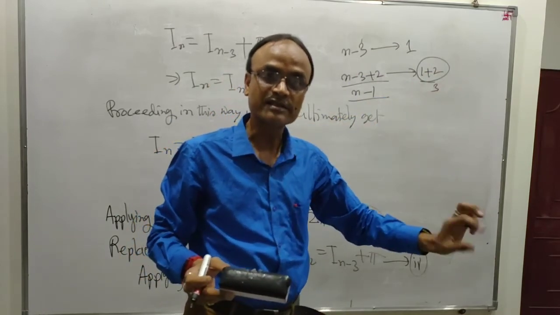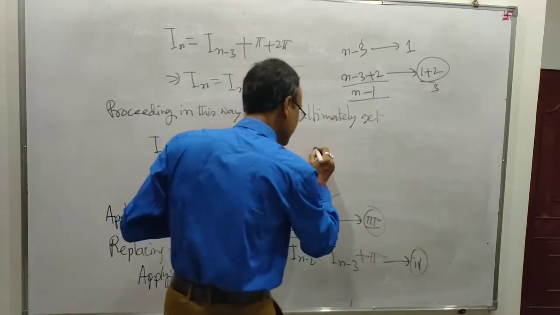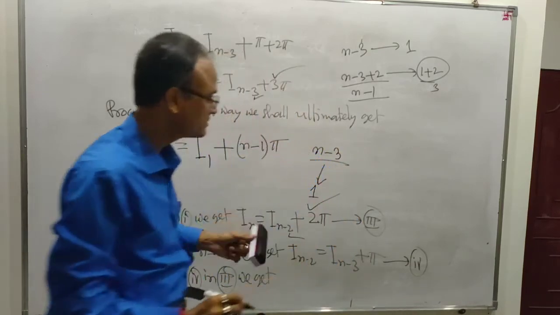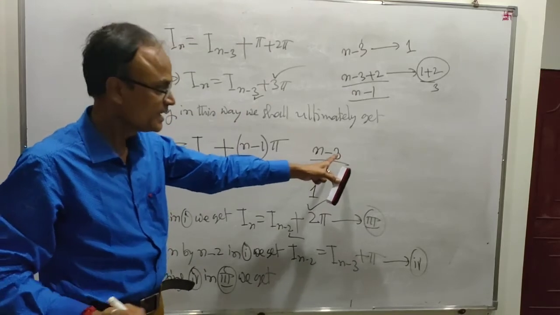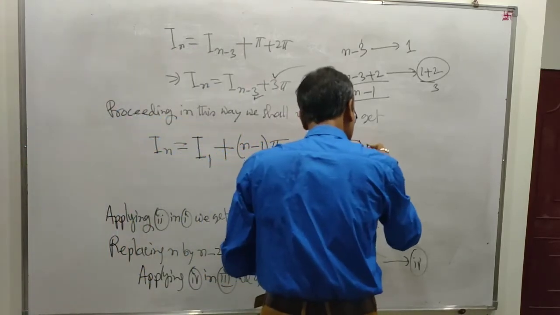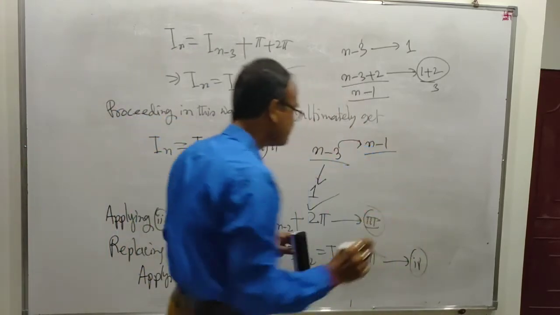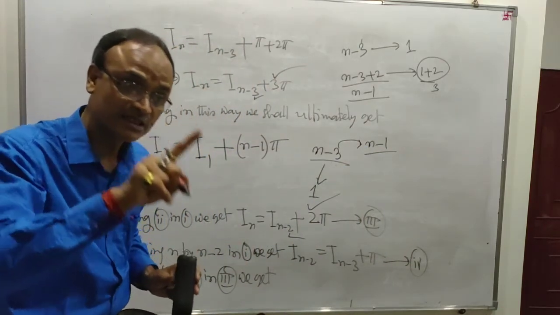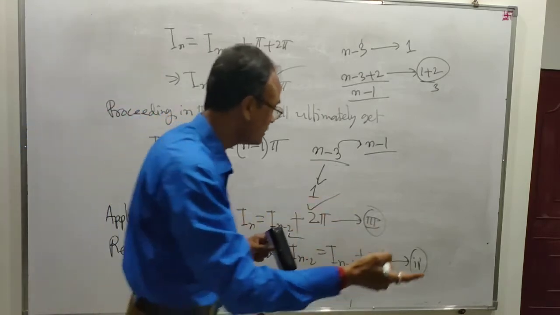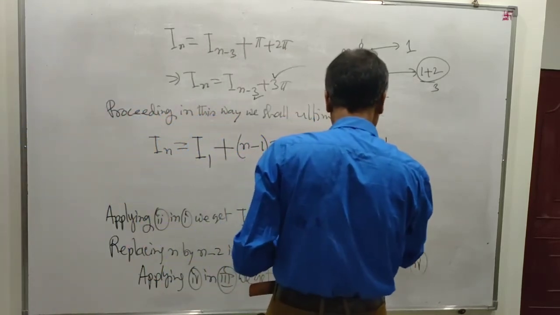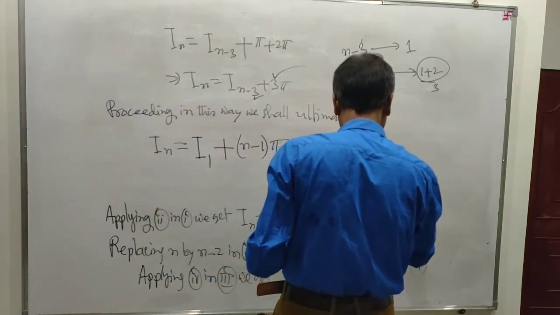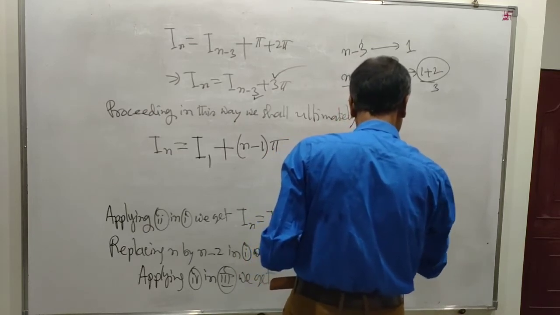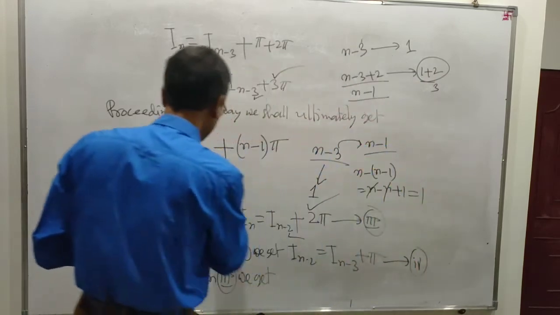In other words, n minus 3, we have written it is 1. You see, for 3, we have written n minus 1. If you write 3 equal to n minus 1, for n, if you write n minus 1, you will get n minus n plus 1 equal to 1.